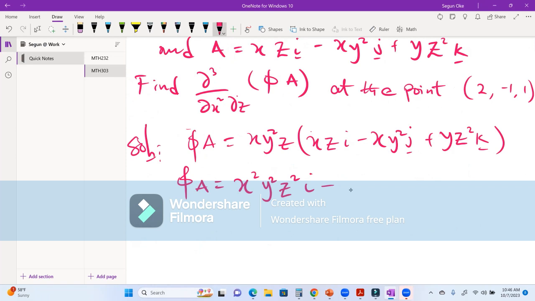That's just what we are doing. So we have x squared y raised to power 4 z j, plus x y raised to power 3 z raised to power 3 k.